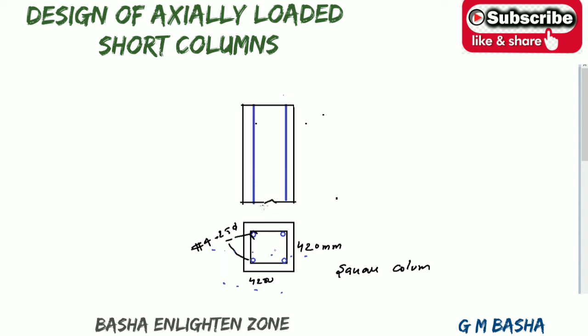Okay, so this is continuous here. Show the continuous symbol, and these two are the bars, and this is the lateral tie. What lateral tie are we providing here? The lateral tie we provided is 8 mm. Write that down.